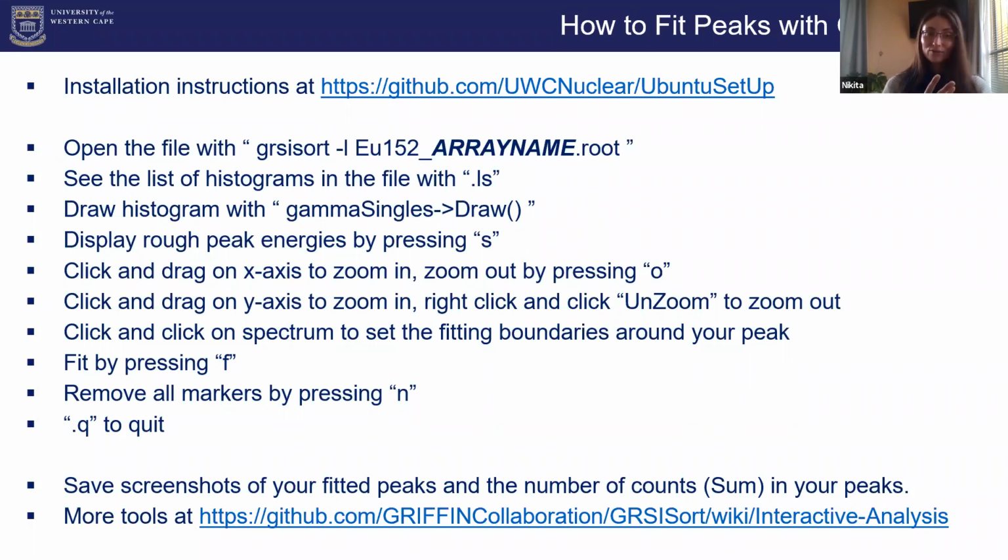I have a data file for Europium 152 source data for all of those arrays, and we have 4 groups already. So I would like each one of the groups, A through D, to work on a different array. So you will open the file using Greasy Sort -L and the name of your file.